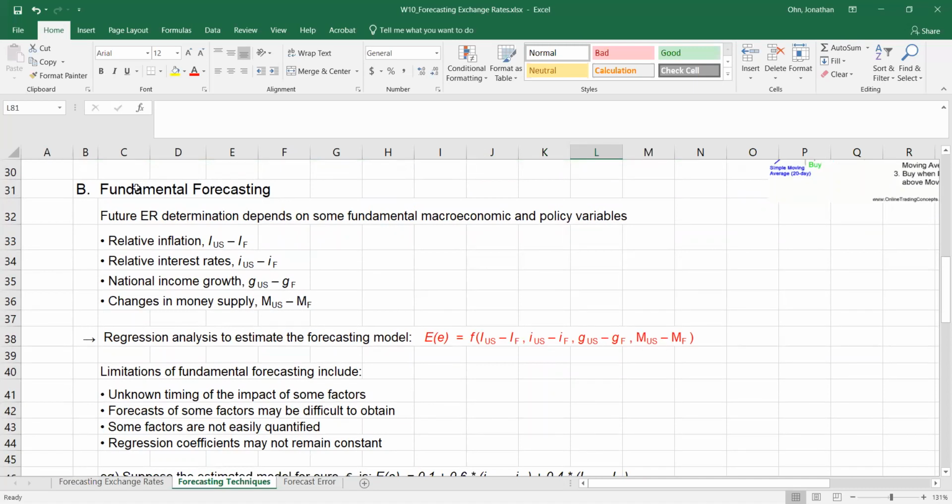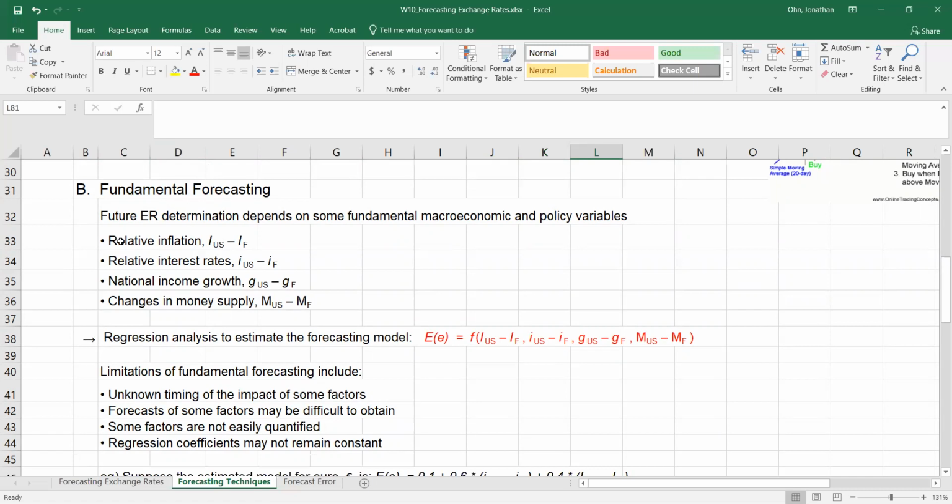Now, fundamental forecasting. They come up with a forecasting model, a mathematical or quantitative model, with the relevant fundamental variables. Those include macroeconomic variables or policy variables.